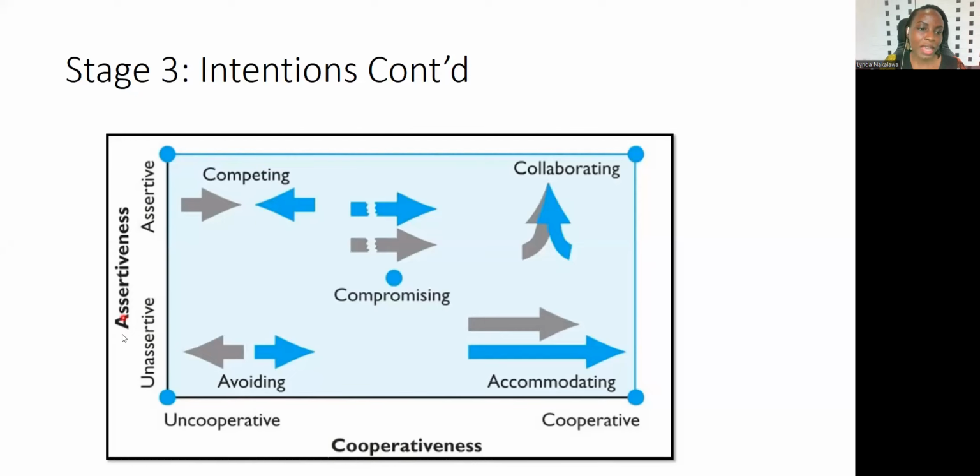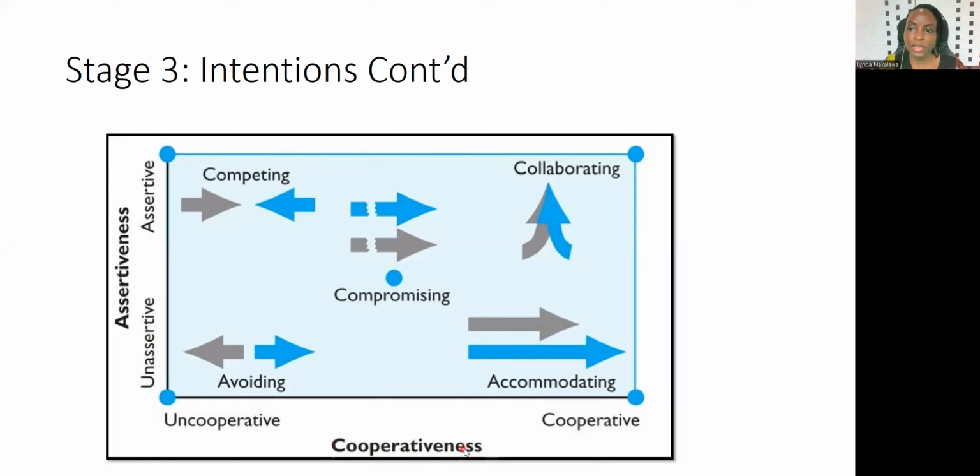So this is the y-axis. We have assertiveness, the extent to which I take care of my own needs or my own views and push my own agenda. You see assertiveness here? And then on the x-axis, we see cooperativeness.